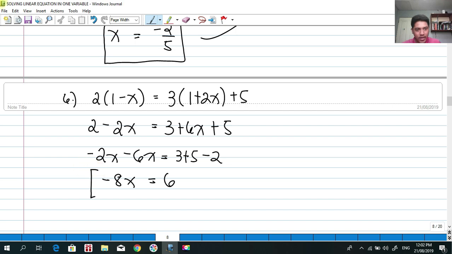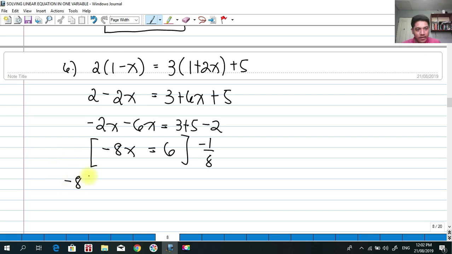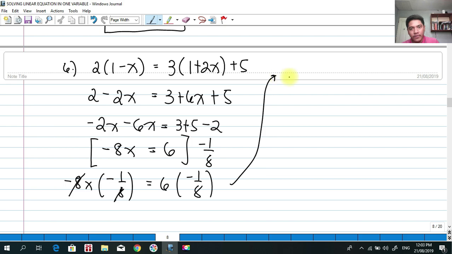So we can isolate x here by simply multiplying the whole equation by what? Negative 1 over 8. So negative 8x times negative 1 over 8, and 6 times negative 1 over 8 also. The negative 8 and negative 1 over 8 will cancel, so we are left with x on the left side.